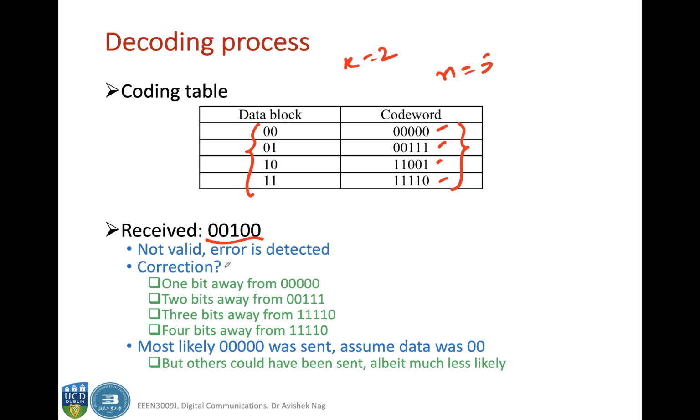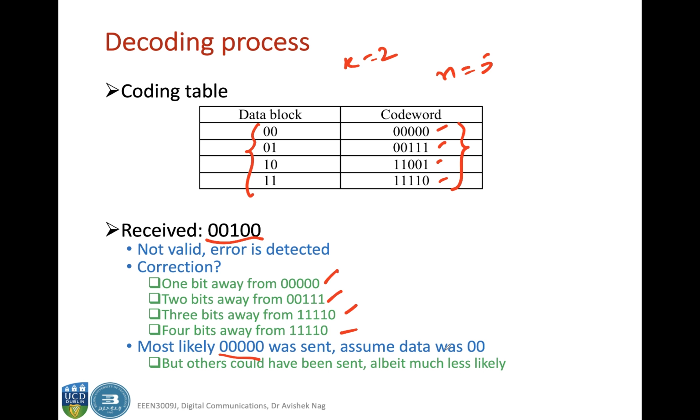Okay, now if you want to correct this error, you check the Hamming distances. So this is basically 1 bit away from the first code word, 2 bits away from the second code word, 3 bits away from the third code word, and 4 bits away from the fourth code word. So most likely this was sent.